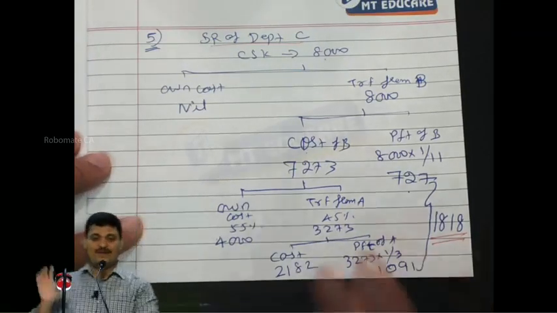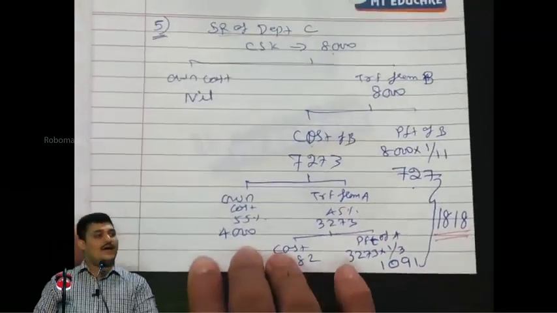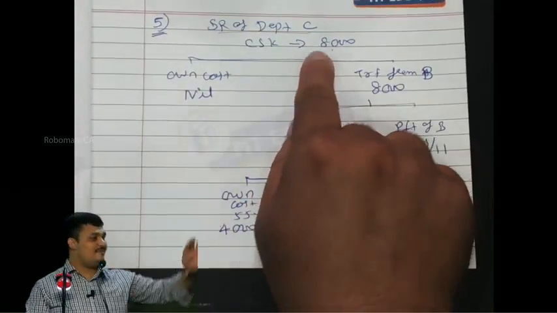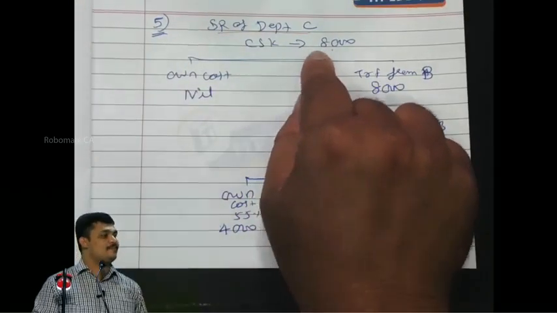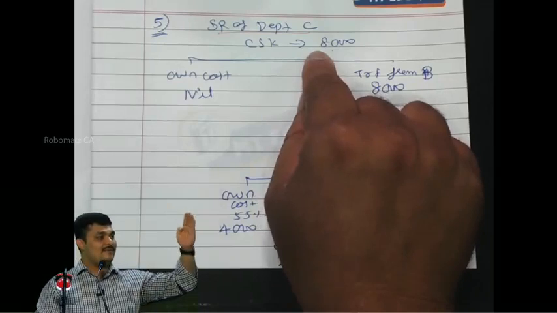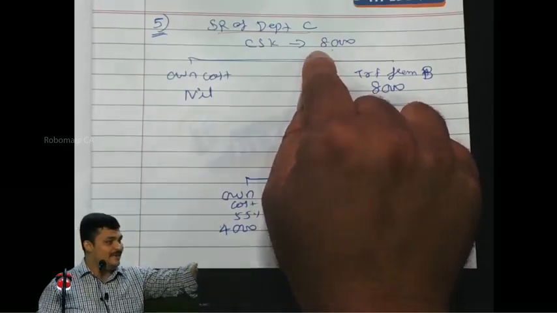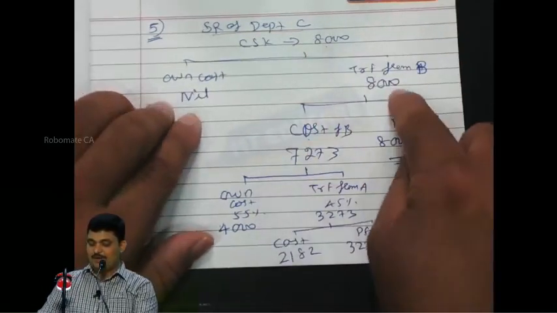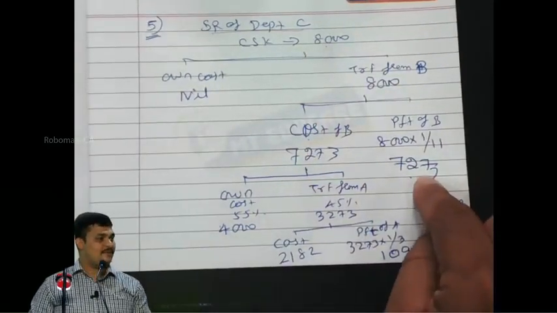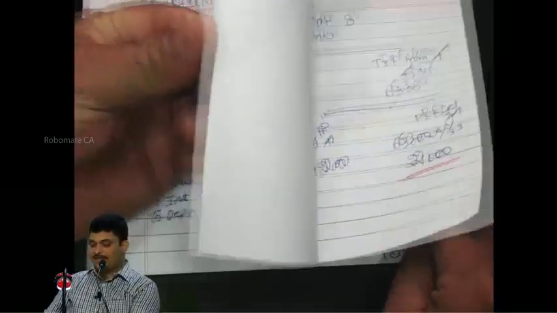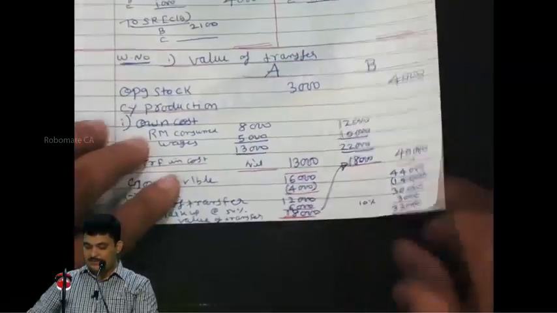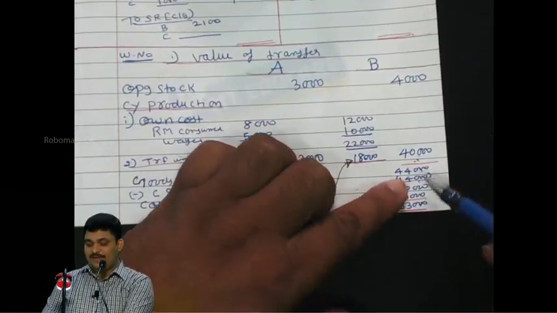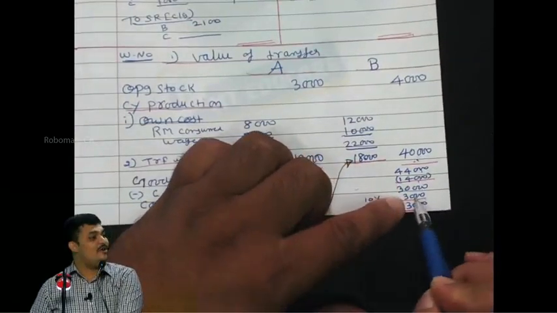Okay. Are you all following this? Closing stock of department C is nothing but goods processed at B plus B's profit. You identified B's profit as 727. Balance you will get is the cost of B. In that you have added margin, no?